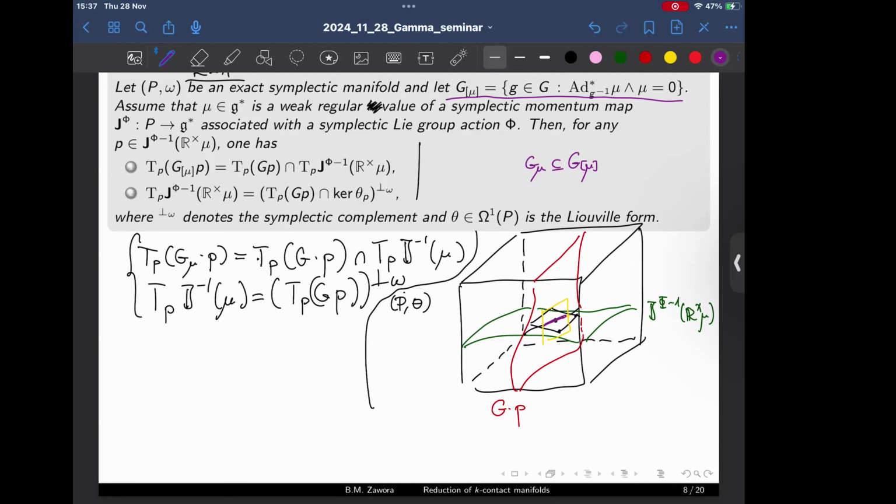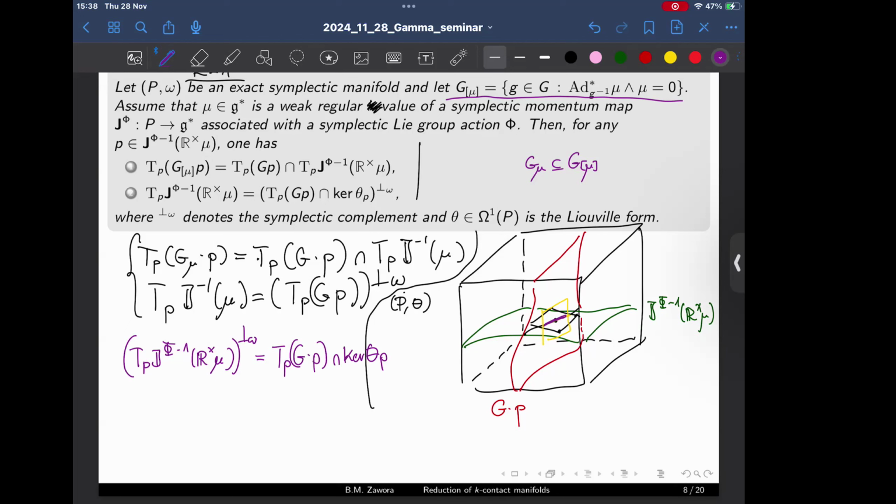And since (P, omega) is a symplectic manifold, we have that the double symplectic orthogonal gives the same space. So we can also write that the symplectic orthogonal of the tangent space to J_phi^{-1}(R cross mu) gives this.